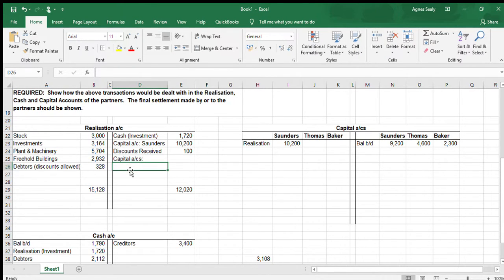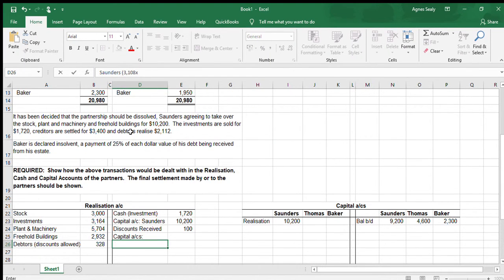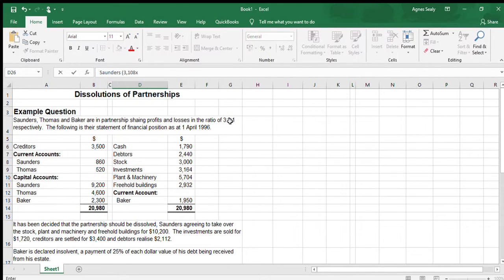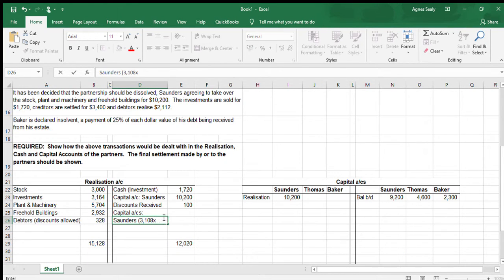The first one we have is Saunders, and Saunders' profit sharing ratio is based on the question. The profit sharing is 3 to 2 to 1. So in total this is 6. So Saunders is 3 on 6.